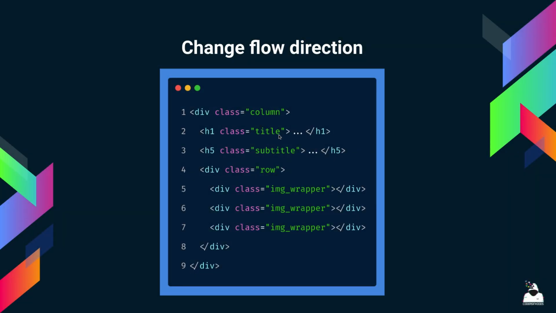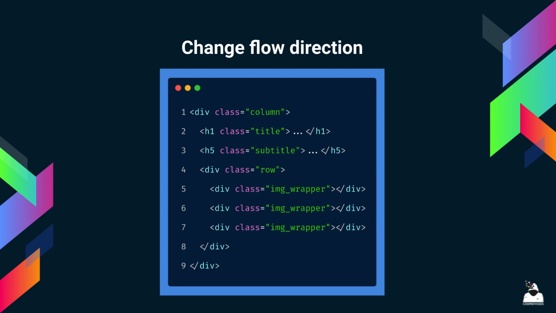Change flow direction. Well, this is good, for example, if you say I have this column and then I have a row in there, then the wrapper will basically change the direction of the child elements. You could even do it conditionally, depending on the resolution of the computer or anything like that. It's basically just applications of laying out the page, right?